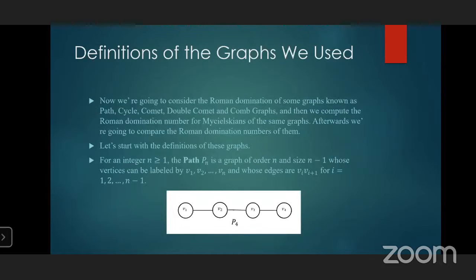Now we give the definitions of the graphs we used, in case you don't have information about them. We see the figure P4, which is a path graph with 4 vertices here.